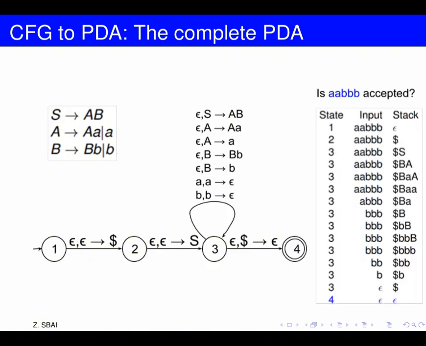Here we may check that the string aa can be recognized by this pushdown automaton by tracing the advancement of the states, the input, and the symbols on the stack. Okay, so we can easily verify here that when the input is finished, we are in the final state and the stack is empty.